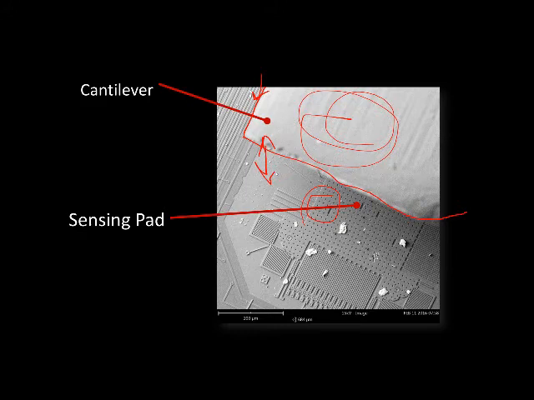So this is actually a deprocessed Analog Devices inertial sensor, a crash bag sensor, right? If you hit something hard enough, that cantilever will move far enough and fast enough that the circuit interprets it as, oh gee, we hit a wall or we hit another car.